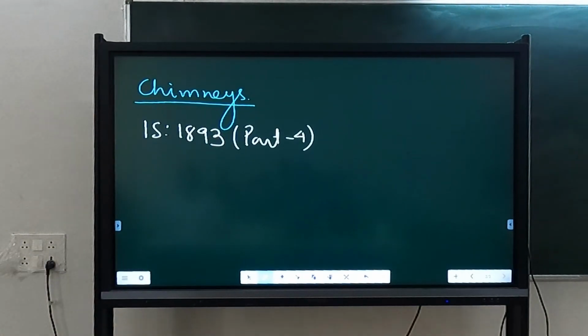There you will find guidelines related to seismic design of chimneys.